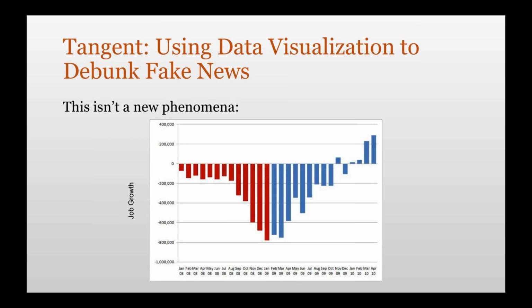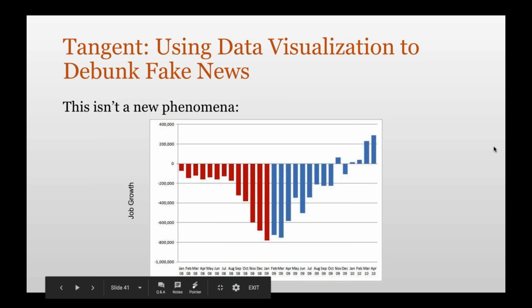What this is looking at is job growth over the Great Recession, during the initial days of the recovery, colored by whether it's Bush or Obama. So looking at this graph, can anyone point out when jobs begin to grow again?